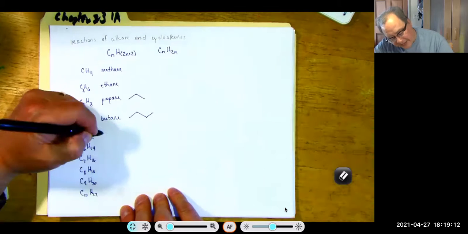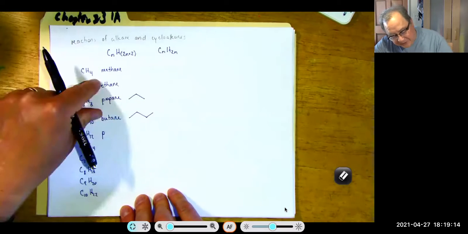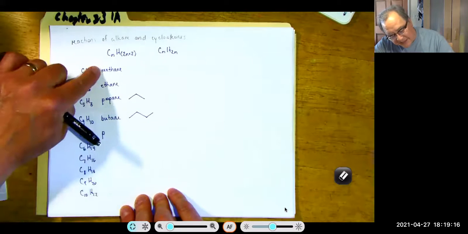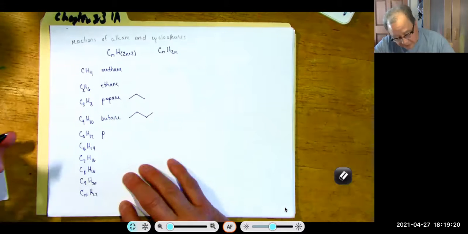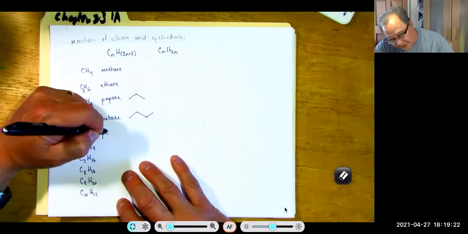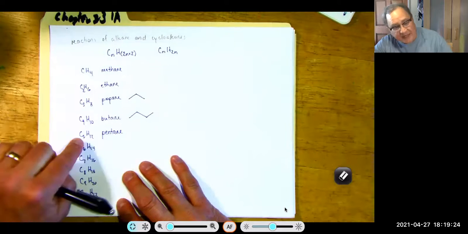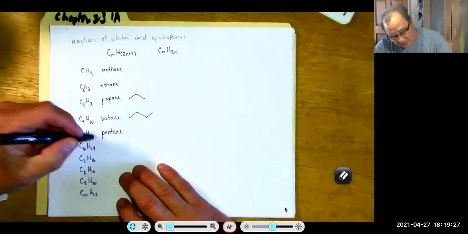So there's butane. These 3 names, methane, ethane, and propane, and butane are 4 names. They don't really match up with anything we know so far, but this one does. 5 carbons, pent, like a pentagon. 6 carbons, hex.